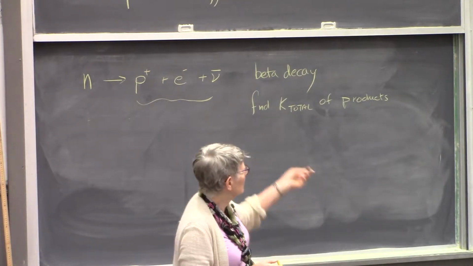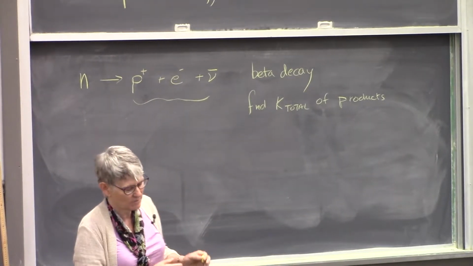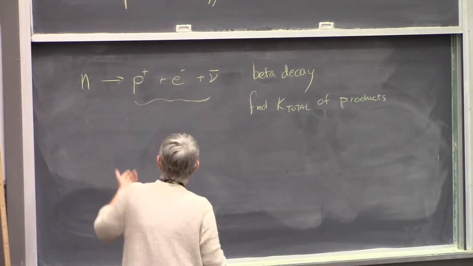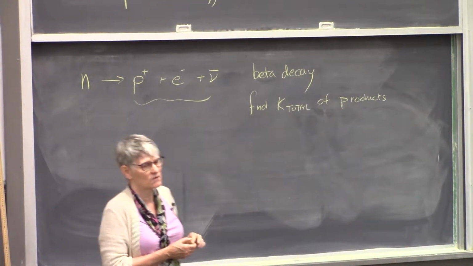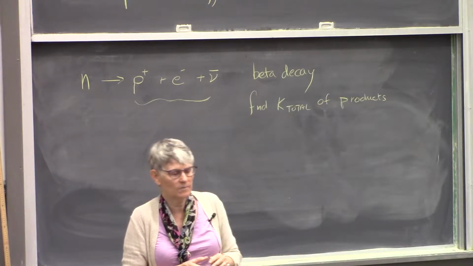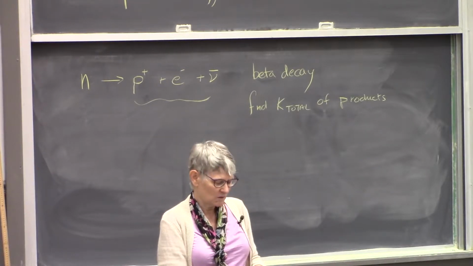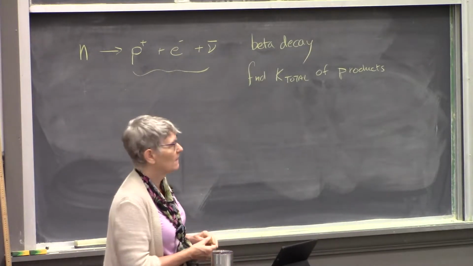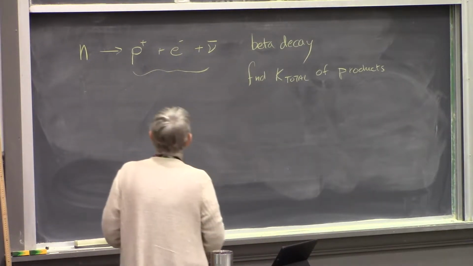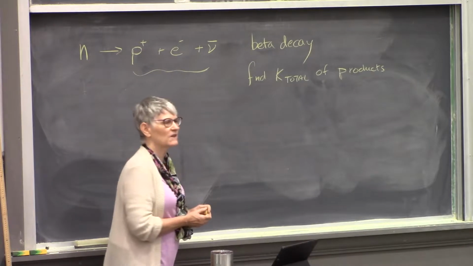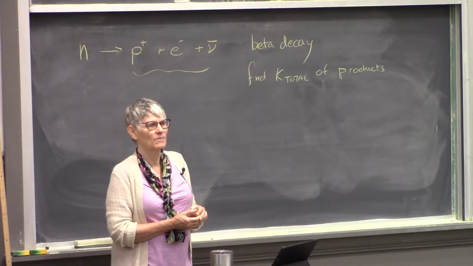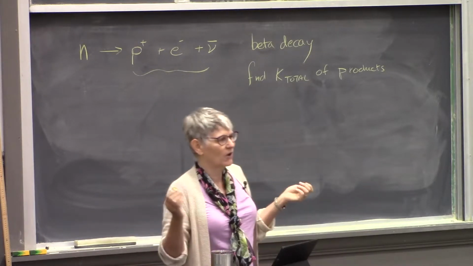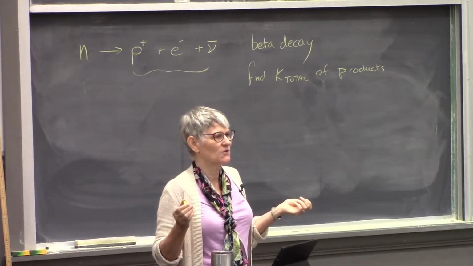In fact, this is an interesting reaction, because this was first observed in the early part of the 20th century, beta decay, and people found protons and electrons, and there was a problem because the energies didn't add up right. And we'll see how applying the energy principle could tell you that in a minute.